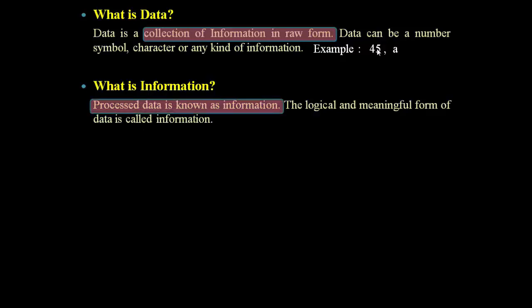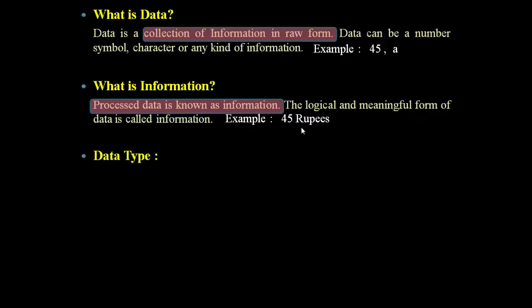Here 45 is data, but once we write 45 rupees, then this 45 rupees is known as information. This is the difference between data and information. Data is in raw form, but once we do some process on the data, it becomes information. So 45 is a number and it can be anything, but once we write 45 rupees, it becomes information.